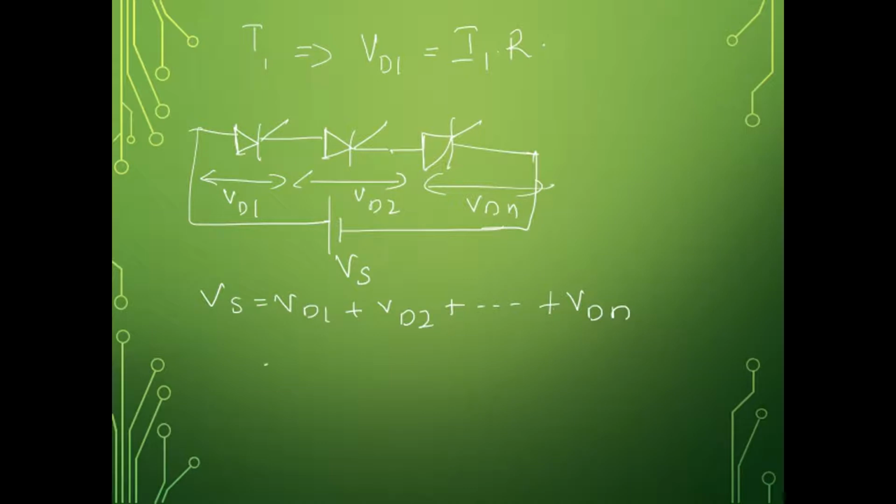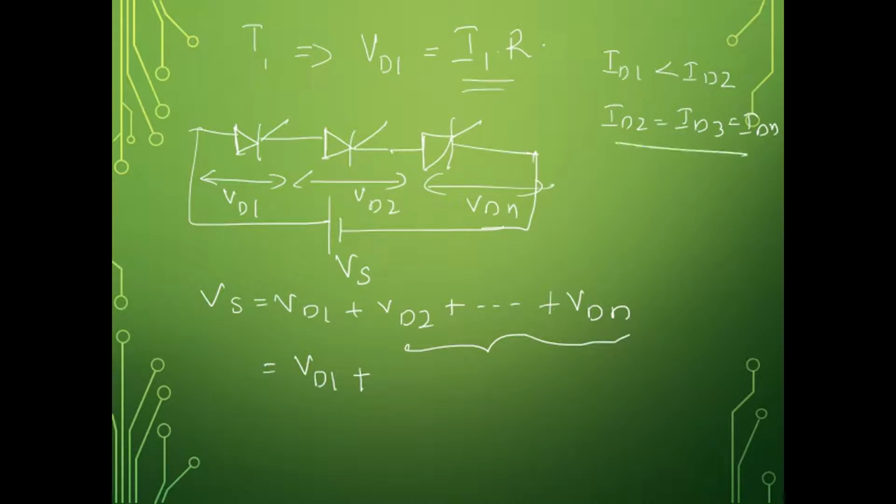We have assumed that Id1 is less than Id2 and Id2 is equal to Id3 is equal to Idn. So what we can write here, Vd1 is changed because Id1 is less than Id2. So Vd1 is I1 into R. This I'll write as it is, plus all these other voltage drops will be the same because all the currents are the same. If the total number of thyristors here is Ns, if we leave this one, then the remaining thyristors will be Ns minus 1.